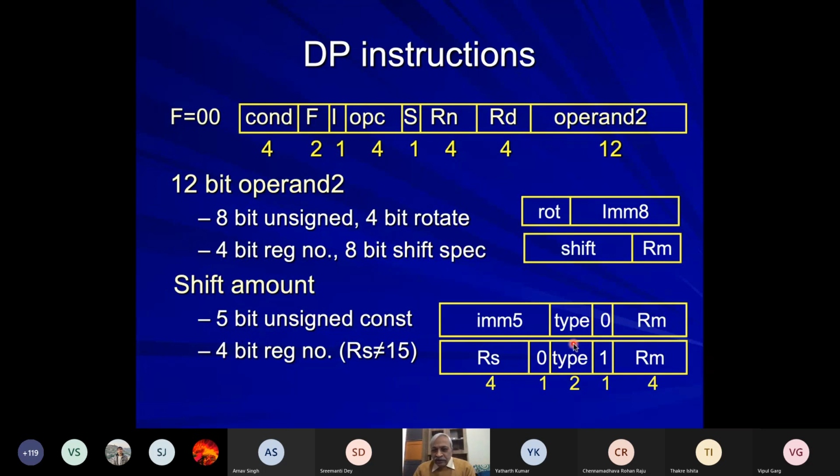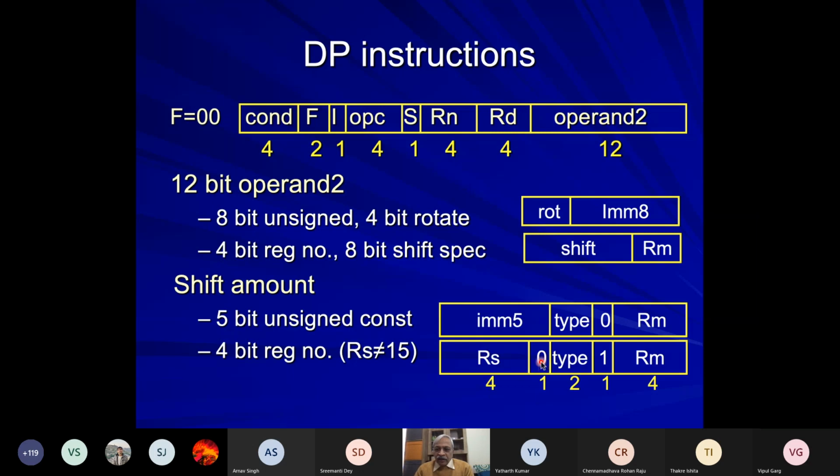The amount of shift could again be a constant, in this case a 5-bit constant specifying anything from 0 to 31. Alternatively, the contents of a register specify the shift amount. And this particular bit specifies which of the two cases it is. Now, in the second case, this bit is 0 always.